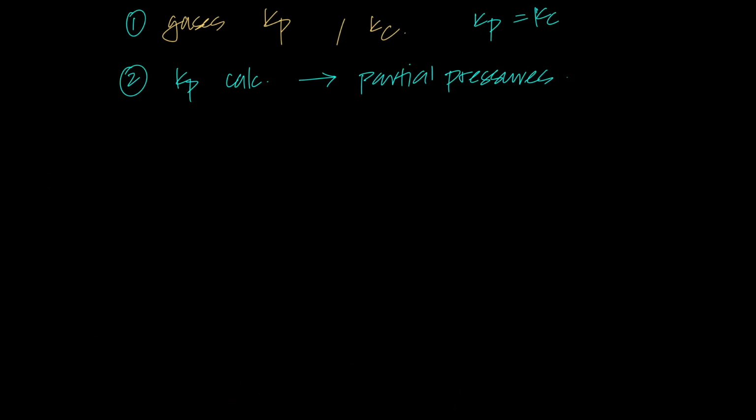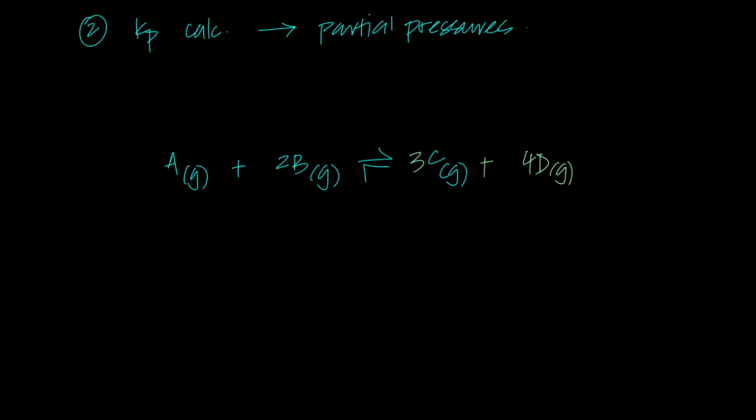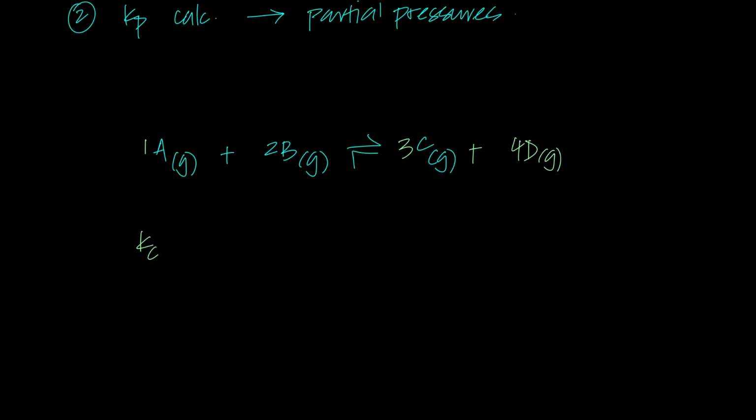Now, for Kc, if I give you gases, for example an equation: A gas plus 2B gas, a reversible reaction, gives me C gas plus 4D gas. One idea is to use Kc, to figure out where the equilibrium lies.